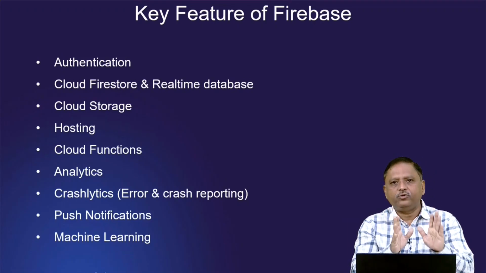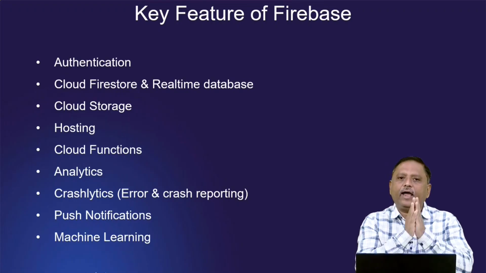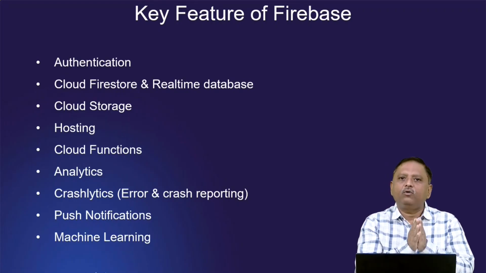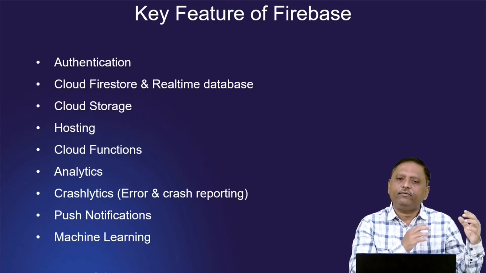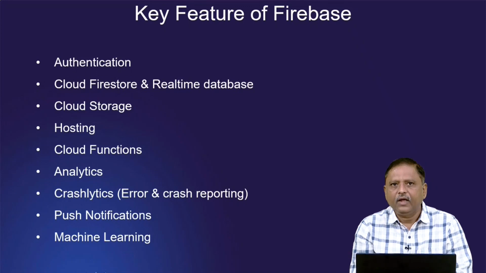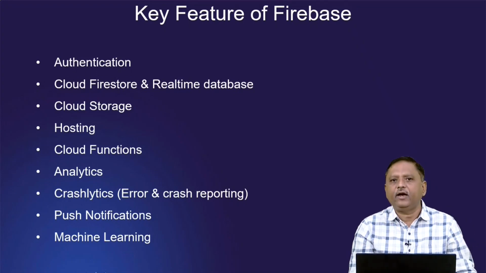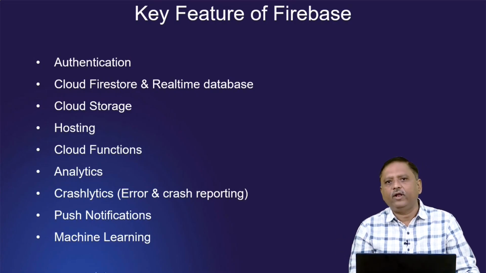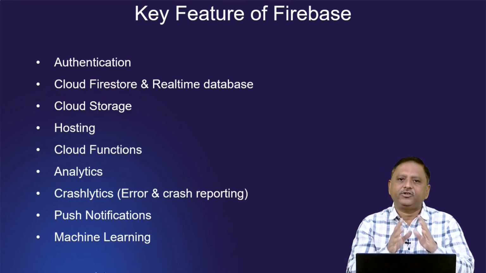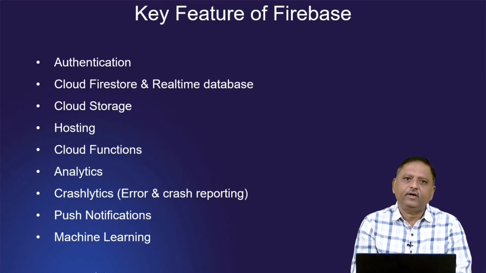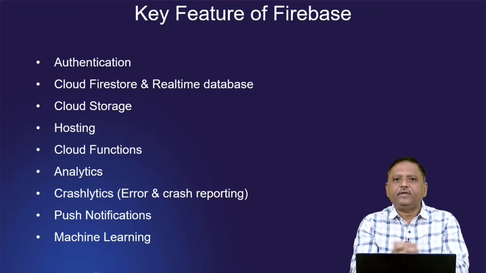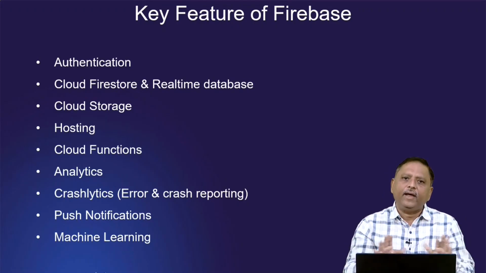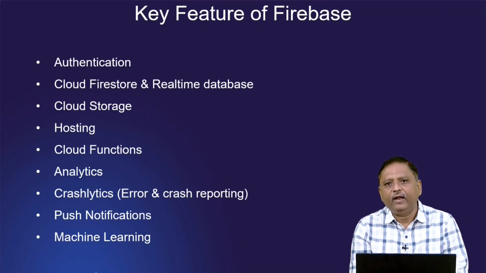It provides push notification, which is called FCM, Firebase Cloud Messaging, which sends targeted messages and notifications to users. It also provides machine learning with ML Kit, which has pre-built ML models for image labeling, text recognition, translation, etc. Together, these services cover almost all backend needs of a mobile app.